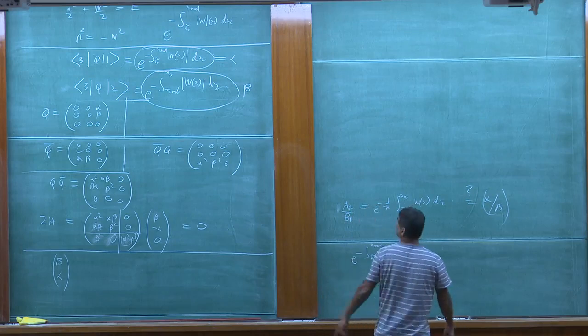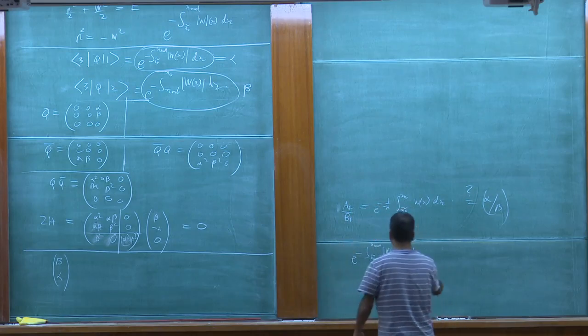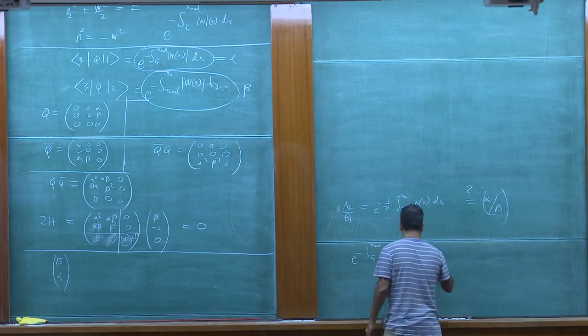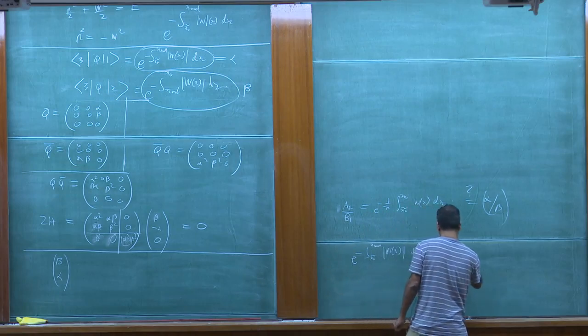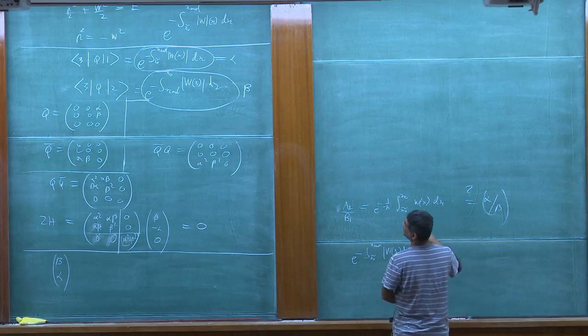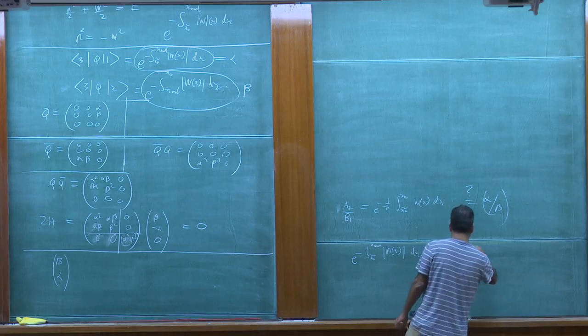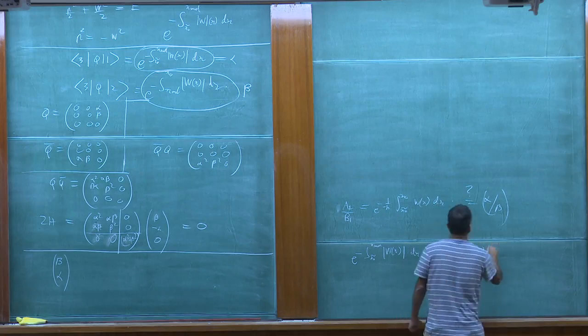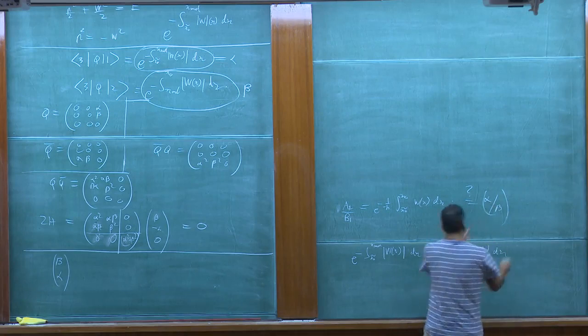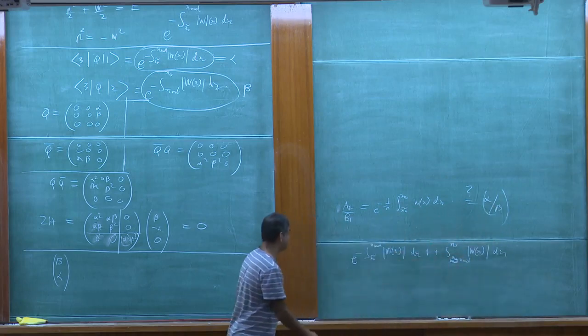That was alpha, and now we will take plus, because the integral from x naught to x mid of mod w of x dx was because we had to divide by beta.